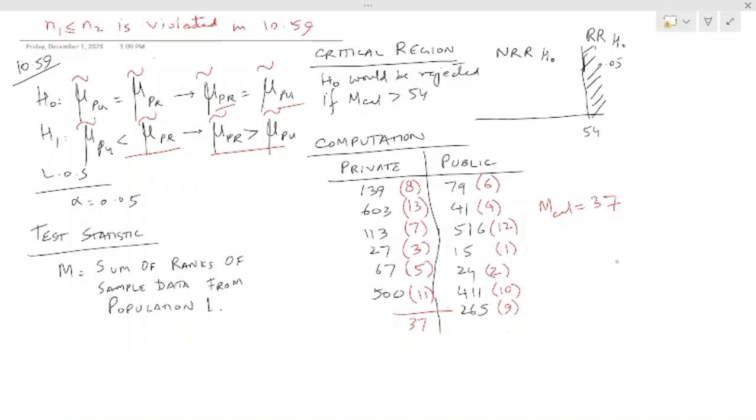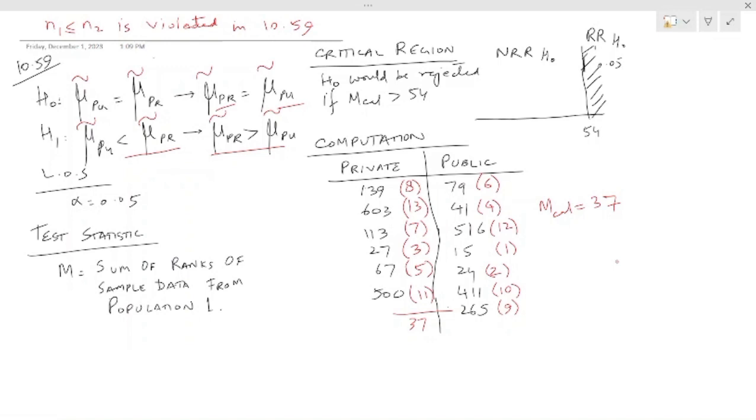And the decision we write down as: the test results are not statistically significant at the 0.05 significance level, and the data do not provide sufficient evidence to conclude that the median number of volumes held by the public colleges and universities is less than that of the private colleges and universities. We have to state the conclusion accordingly.